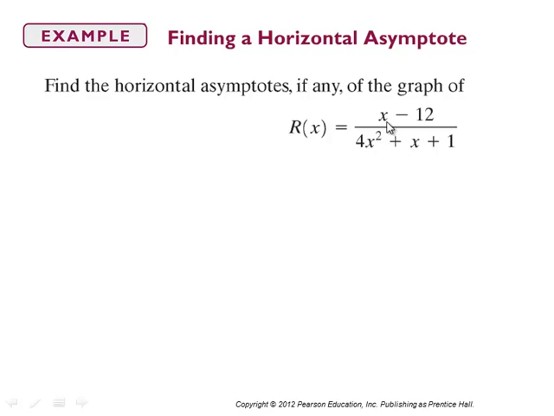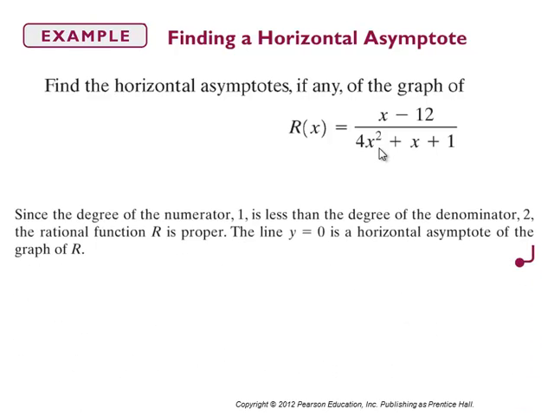So as x becomes larger and larger, the numerator is going to approach infinity slower than the denominator. So for large values of x, the denominator is going to overwhelm the numerator. And of course, in a fraction, when you hold the numerator constant and let the denominator get large, the whole fraction is going to get small.